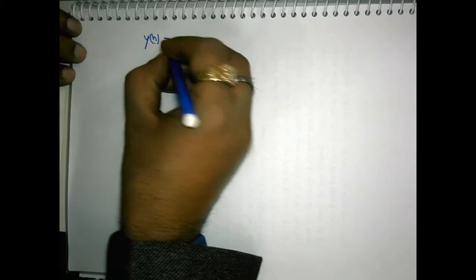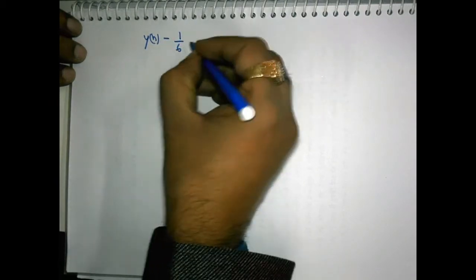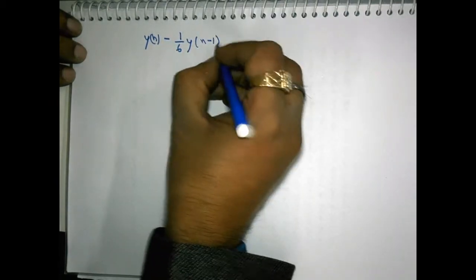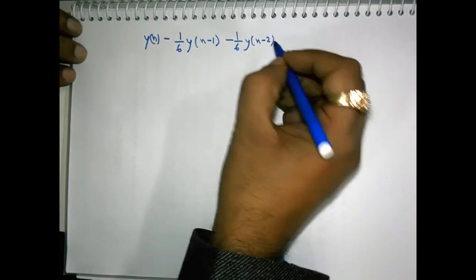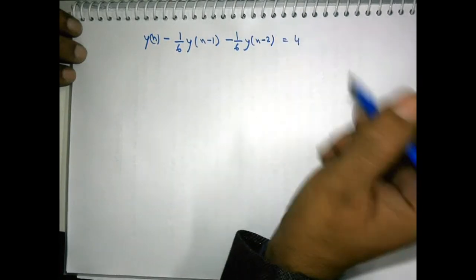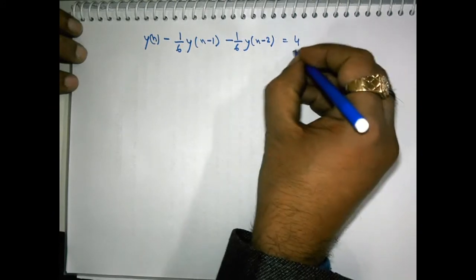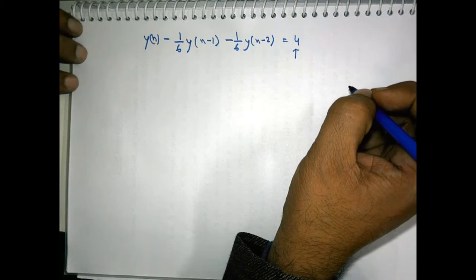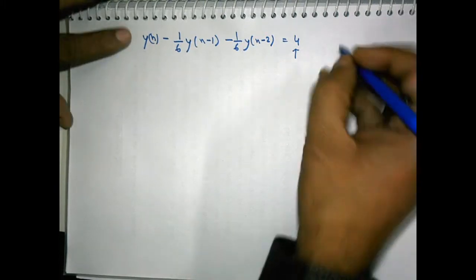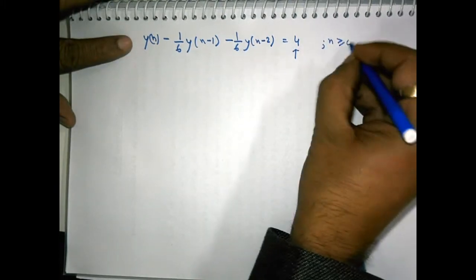This has also been solved using your natural response and forced response method. y(n) minus 1 over 6 y(n-1) minus 1 over 6 y(n-2) equals 4. Here the input is a constant. So the forced response will be another constant. Okay. And this is for n greater or equal to 0.